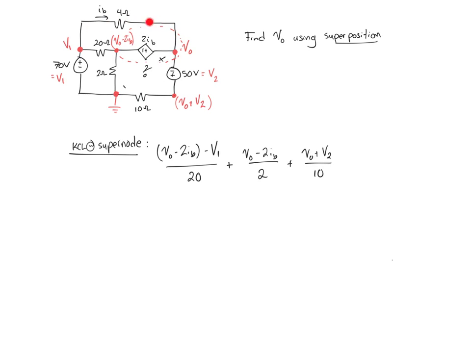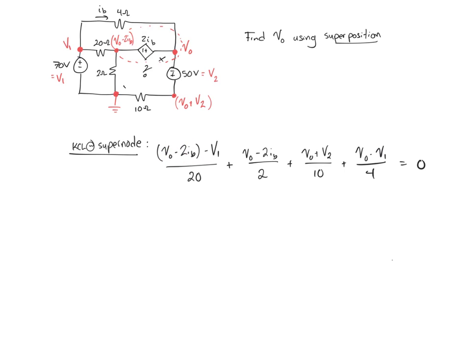And then the current through the 4 ohm resistor, which will be given as V0 minus V1 over 4 ohms. All that equals 0. So that is the single KCL expression required to solve this problem. Remember, V1 and V2 are actually knowns. I just wrote it this way to facilitate superposition analysis. V0 is our unknown we're trying to solve for.